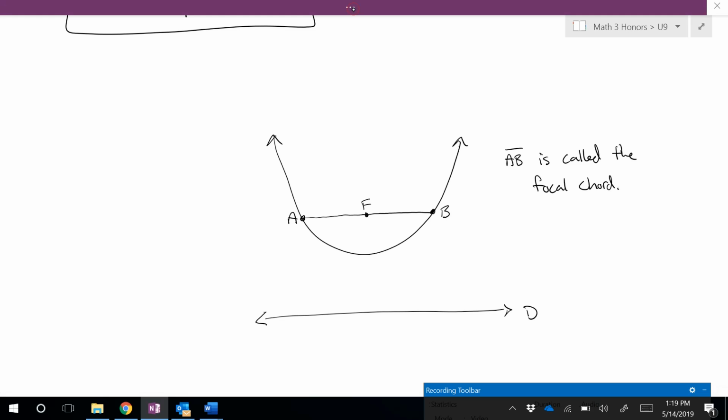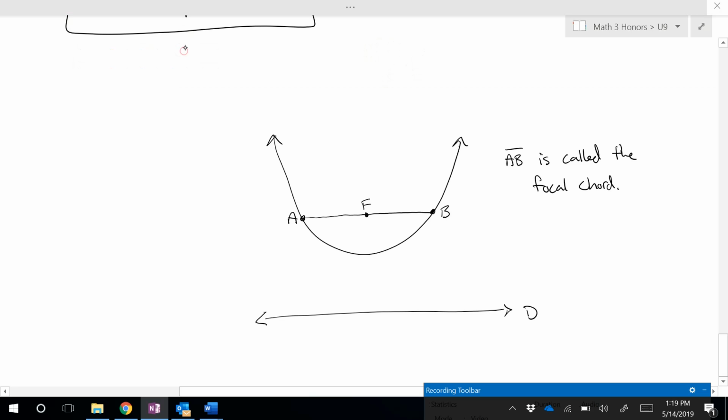Now it's not drawn to scale, but from point B, I'm going to draw a perpendicular to the directrix. And I'm going to call that point C. What's the definition of a parabola from yesterday?